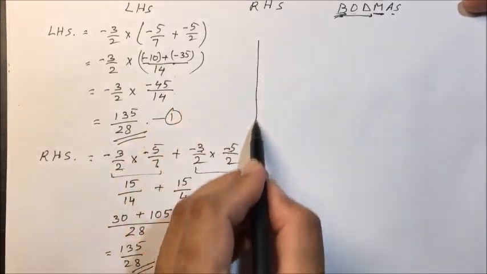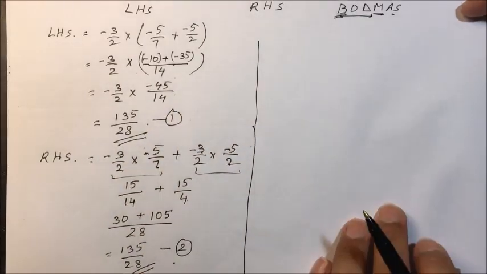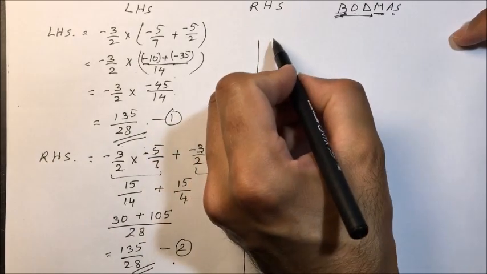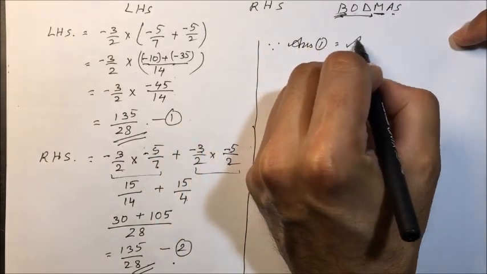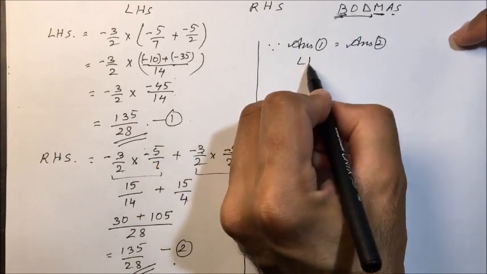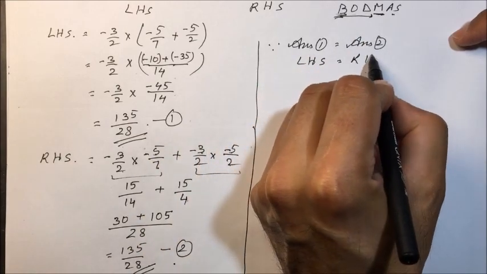So we can say, since answer 1 equals answer 2, LHS equals RHS.